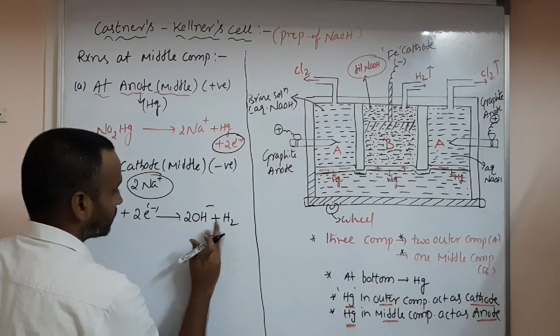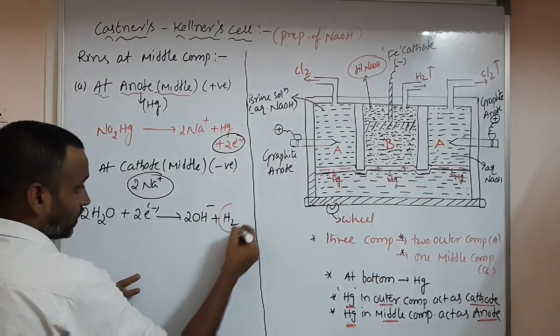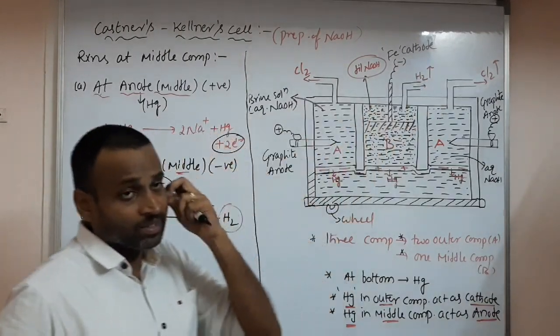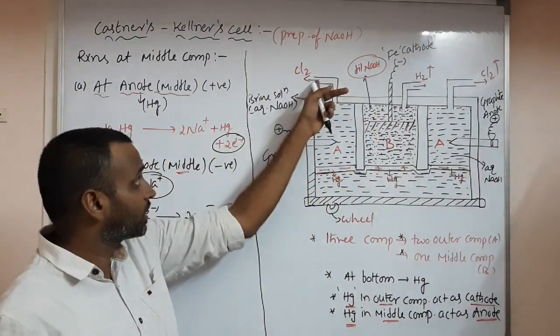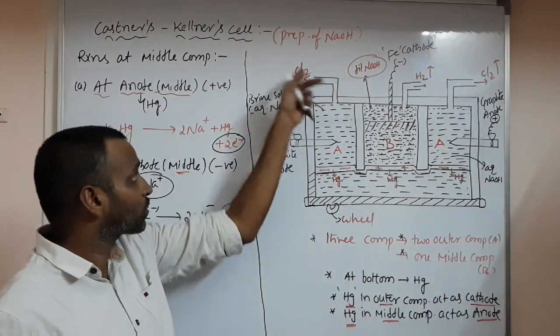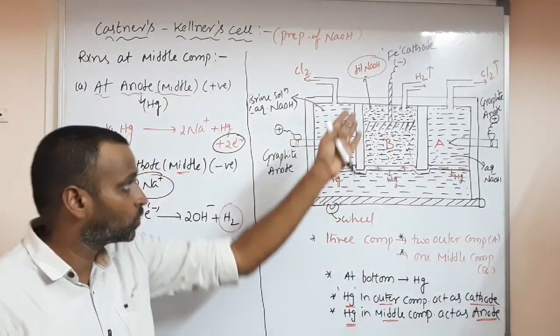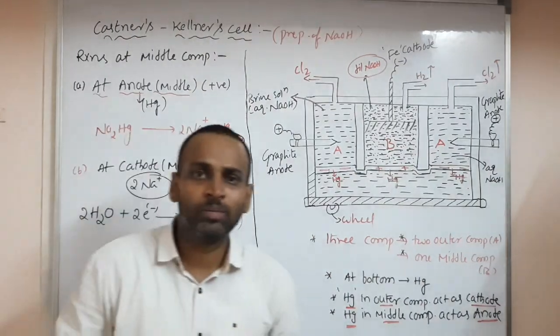That's it. So you observed what gas is liberated in the middle compartment? H2 gas is liberated in the middle compartment. I forgot to tell you, previously chlorine gas was liberated at anode; that chlorine will come out from this outlet. At outer anode, Cl minus is converted to Cl2, and that Cl2 will come out like that. So tell me, in the middle compartment, what happened?